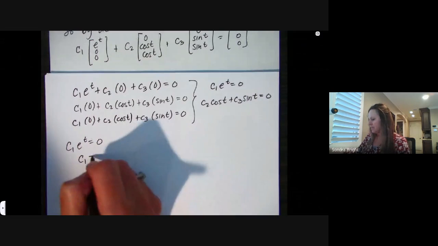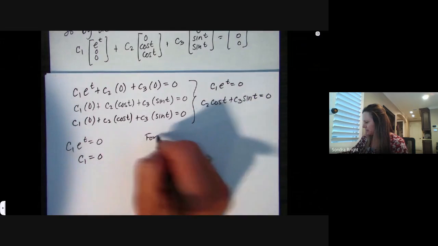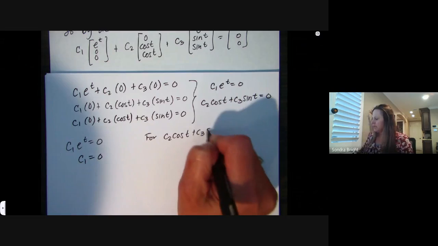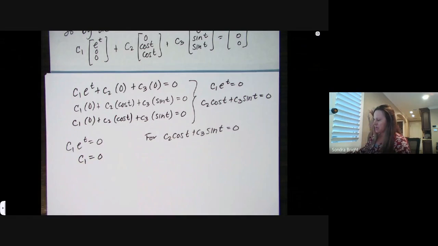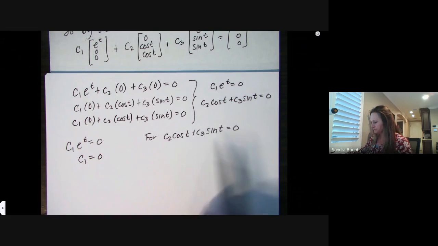All right. Now, it's more complicated for the C2 cosine of t plus C3 sine of t. But we need to be able to, for all t, come up with values of C2 and C3 that would make it equal to 0.